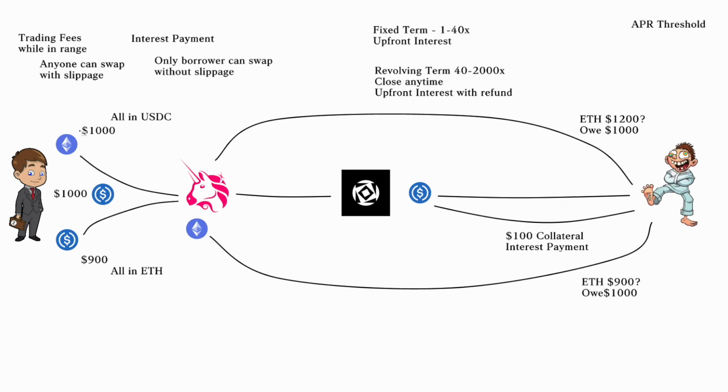You can provide it, you get these trading fees, but sometimes when it goes out of range, you get no trading fees, right? But when it goes out of range, Boosted Bill can still borrow it because it's still 1,000 USDC. ETH could go down to like $60, and there would still be 1,000 USDC in here, and he could borrow that 1,000 USDC and long ETH, hoping that it would go up.